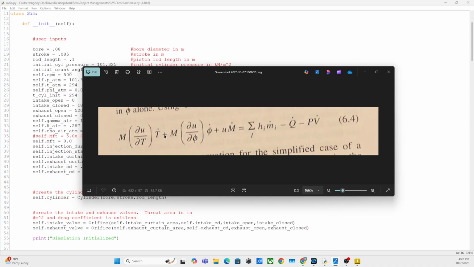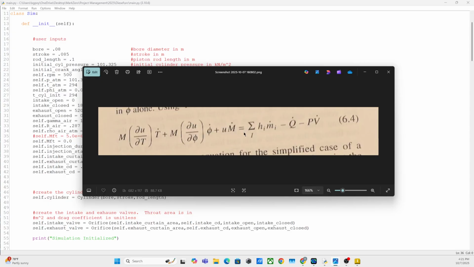So mass times the change in internal energy per unit of temperature times the change in temperature per unit of time, plus mass again, change in internal energy of the cylinder per change in phi. I'll talk about what phi is in just a second. And then this is change in phi over change in time, plus internal energy at an instant, the current internal energy, not the changing internal energy like these are, times the change in mass in the cylinder over change in time.